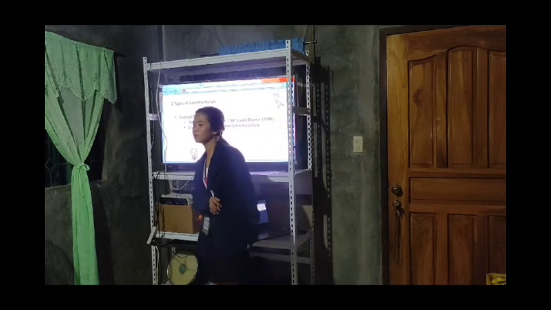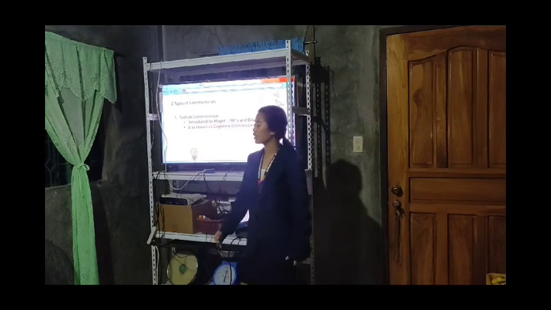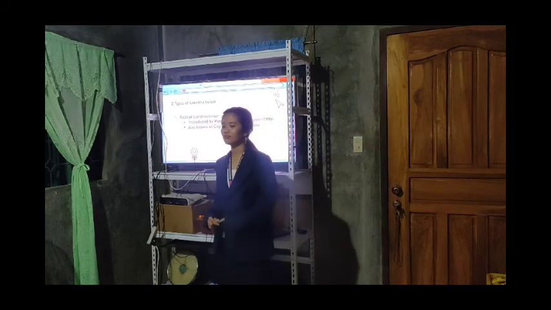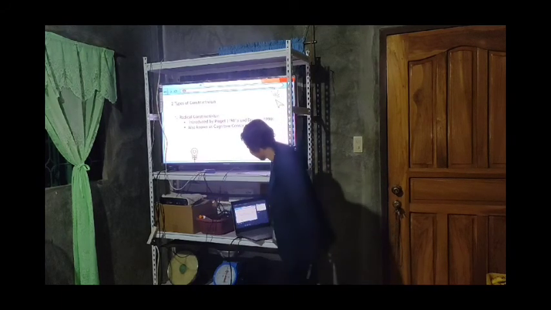So, naintindihan ba natin, class, kung ano ang radical or cognitive constructivism? Okay, if it's clear, let's move on to number 2, which is social constructivism.